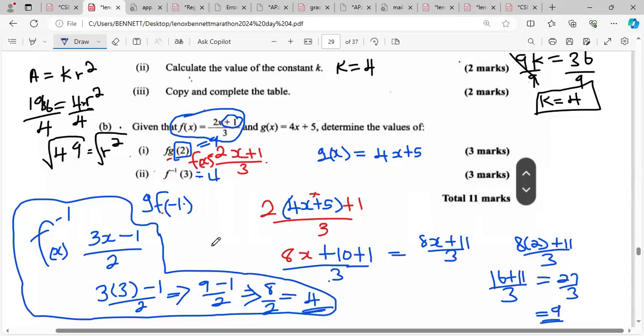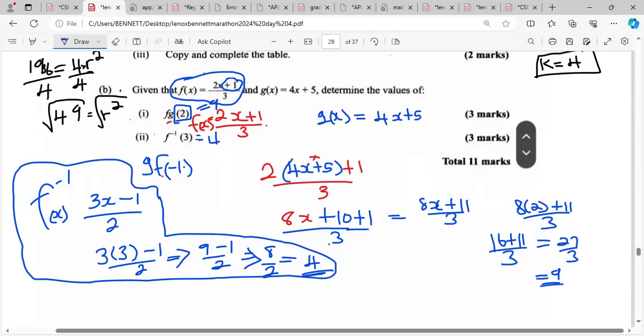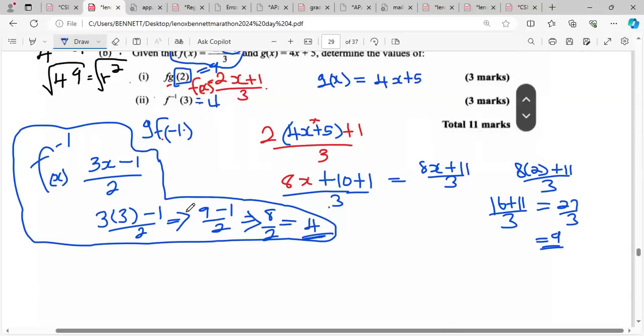All right. Let's look at the long way if you wanted to do the long way. So we have f of x equal to 2x plus 1 over 3. The first thing you have to do, guys, is change the function to y.